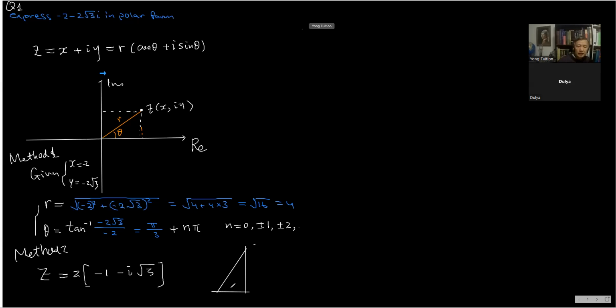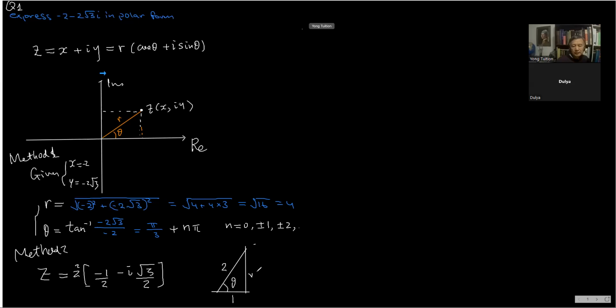We know this is the angle we're looking for. It is a special angle: in this triangle one side is 2, another is 1, and this is √3.